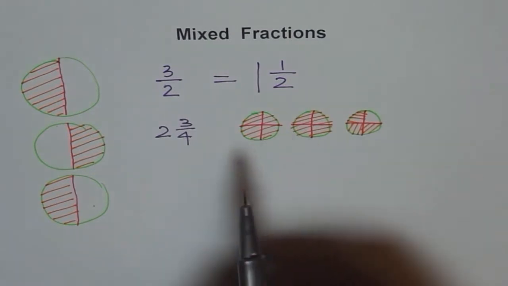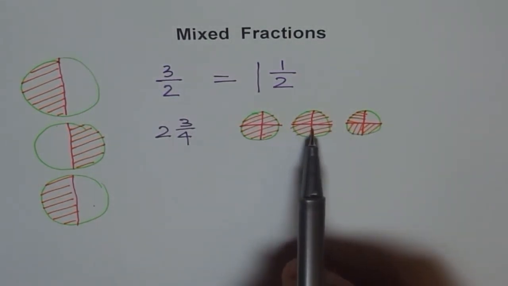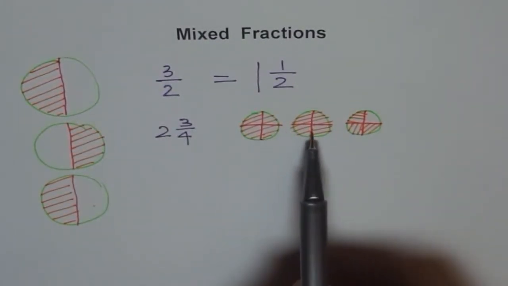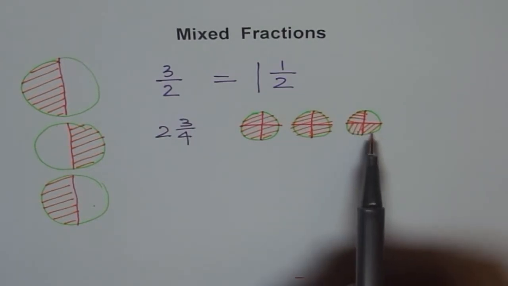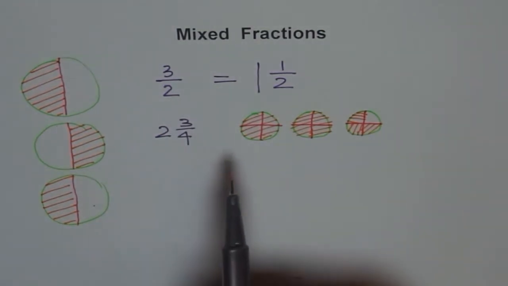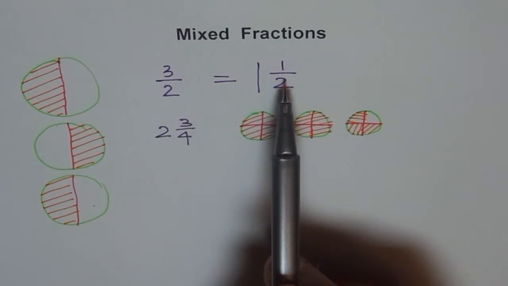Do you see that? So that becomes 2 full and 3/4. So a mixed fraction has whole numbers, the full things, and a part of it, and that is 3/4. That is what we call mixed fractions, correct? So mixed fractions always have a whole number along with a fraction.